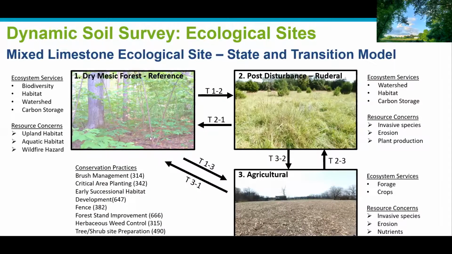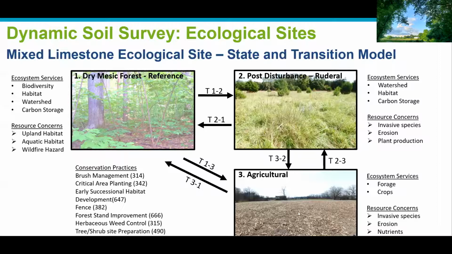State and transition models, the ecological sites, are also a component of the dynamic soil survey. Here, again, the example for the Chief's Farm, where we have either a forest, post-disturbance, or agriculture. And these arrows are the transitions. If you are in a forest and you want to move to an agricultural situation, what are the practices that you would recommend?